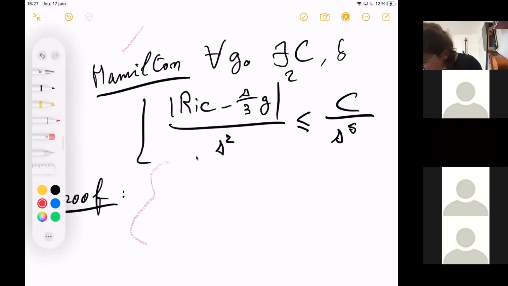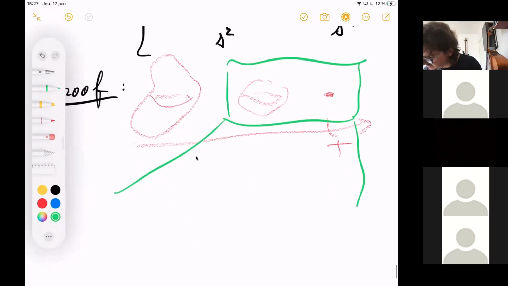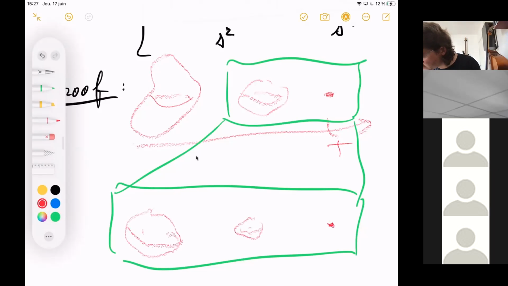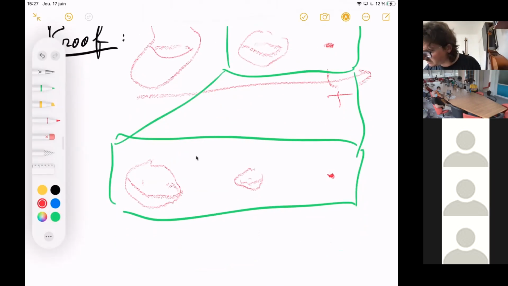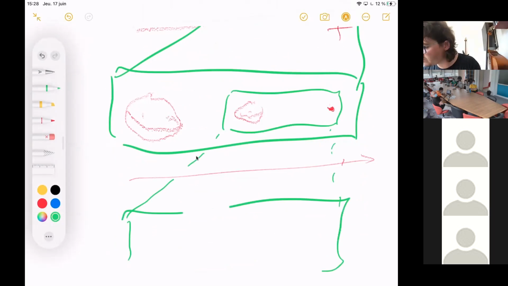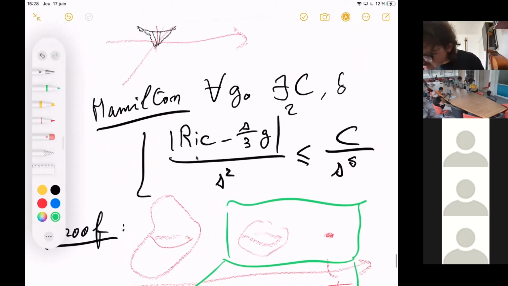So we have our manifold, which is doing something, and something's going on when we arrive at this singular time t. What we will do is take that, zoom that in, get something else, which still stops at some singular time t. Maybe not the same. And then we will continue and iterate that process. We'll zoom more and more and more. Oh no, yeah, that's s to the power delta.